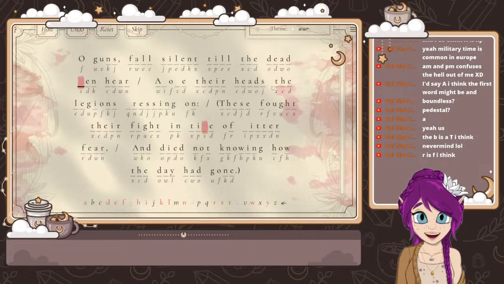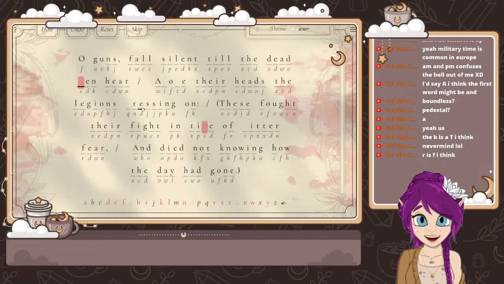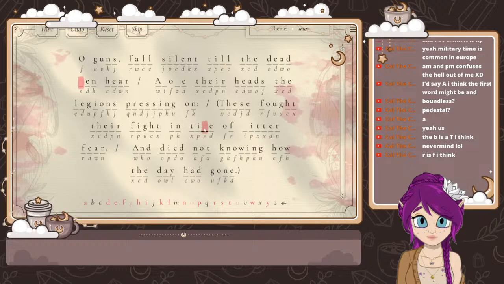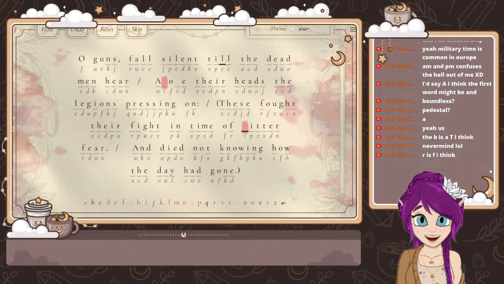Here. Their heads, the legions, pressing on. These fought their fight in their time. Oh, guns fall silent till the dead men hear.